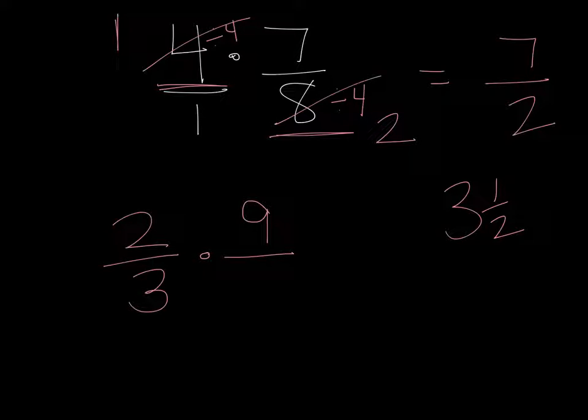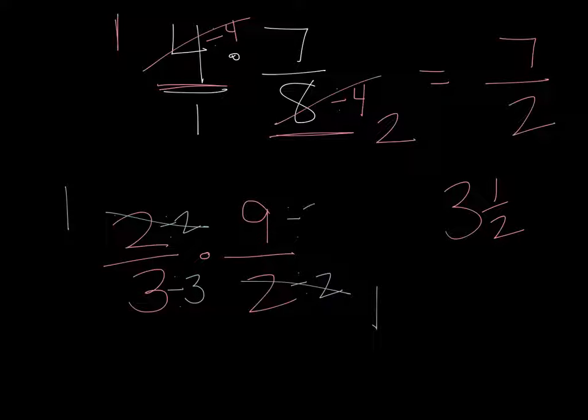Let me do 9, well, I'll just do 9/2. So I could divide by 2, divide by 2, and I would get 1, 1. And then I could divide by 3, divide by 3. Do you see I'm doing like diagonals? Those are the numbers we would simplify.